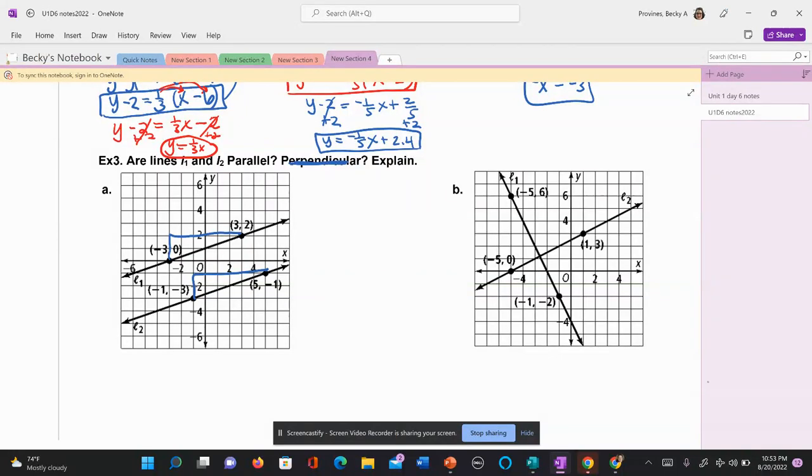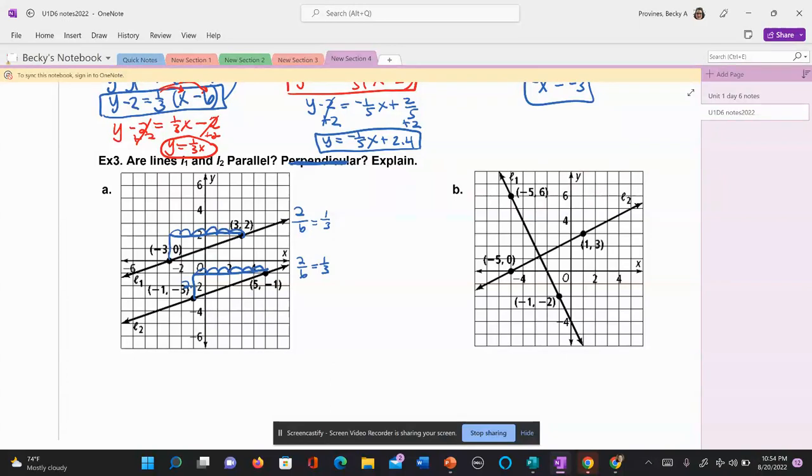So up 2, and over 1, 2, 3, 4, 5, 6. And that is 1/3 slope. I'm going up 2 again, 1, 2, 3, 4, 5, 6. So, guys, on these, you need to show some kind of work. Okay, you can't just give me an answer.